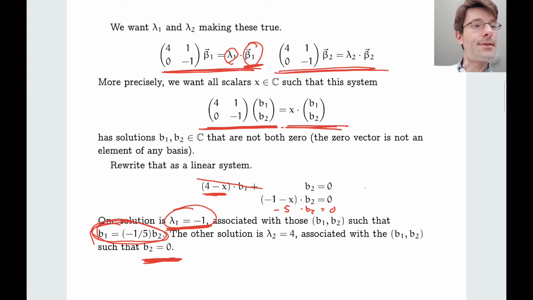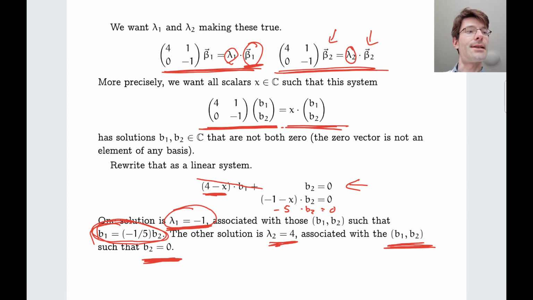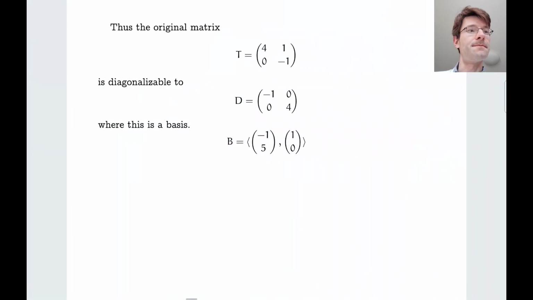And then the first line is also true. And in fact, the equation system is true then for all b1. So again, we have a full line as the solution. And we can pick lambda 2 to be 4. And as beta 2, we will pick some point on that line, again, not the origin.